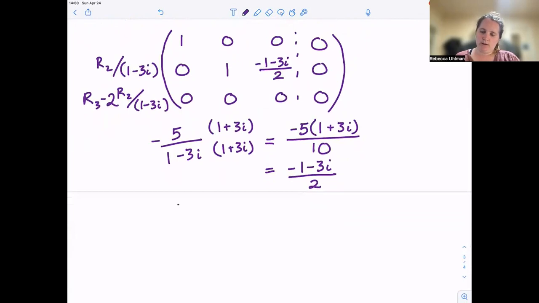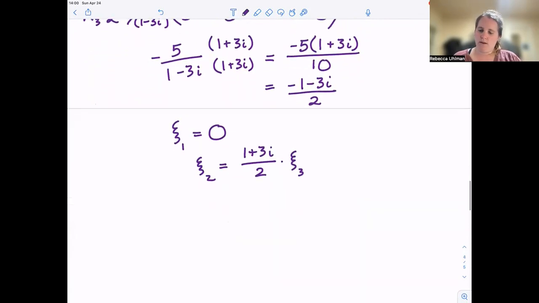We know that xi1 has to be 0 based off that first row. And then we know xi2 should be equal to 1 plus 3i over 2 times xi3. If we pick xi3 to be 2, then that means that our xi2 would have to be 1 plus 3i.